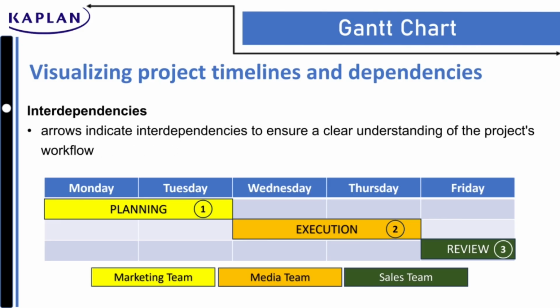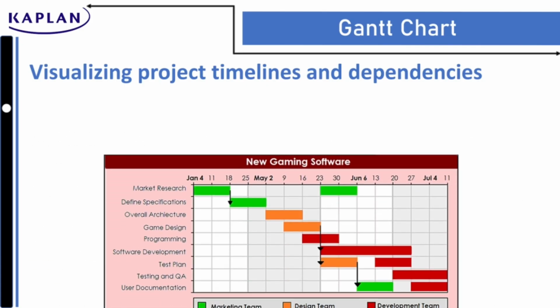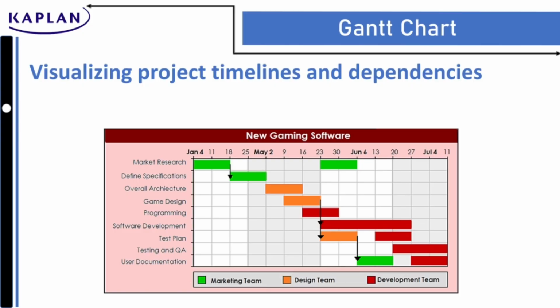Interdependencies. Many projects involve tasks that are interconnected. You can't start task B until task A is completed. Gantt charts effectively depict the dependencies using arrows, ensuring a clear understanding of the project's workflow. Now, let's dive into the key components that make up a Gantt chart.